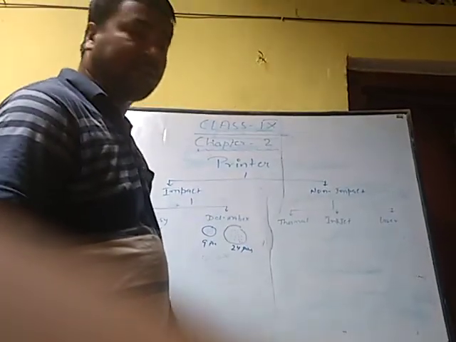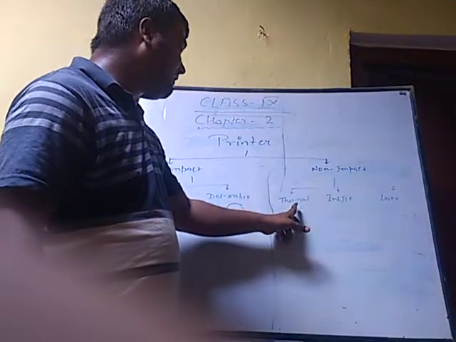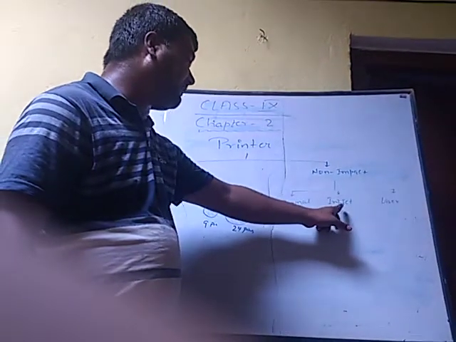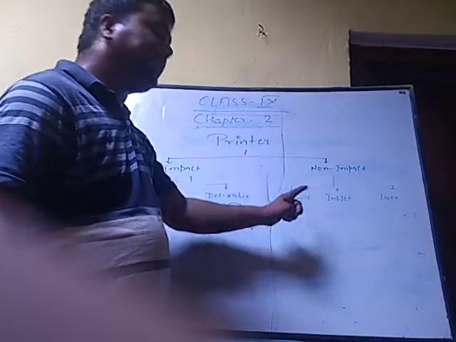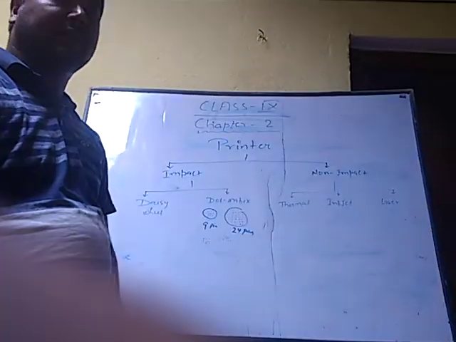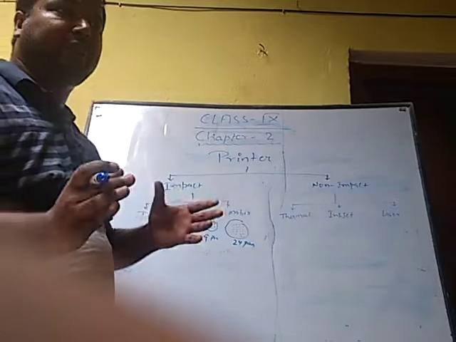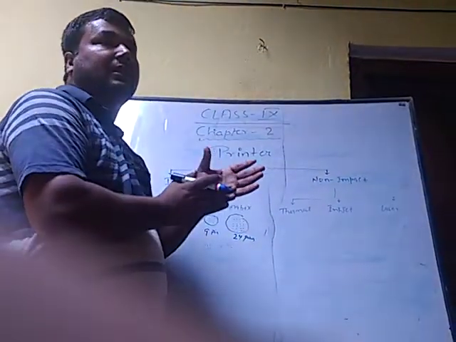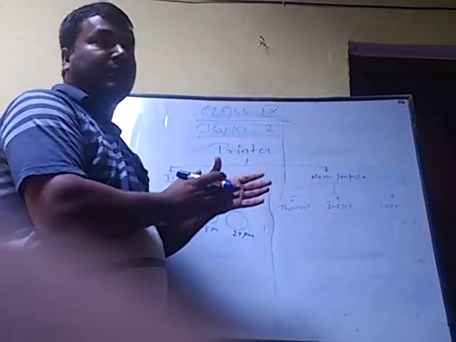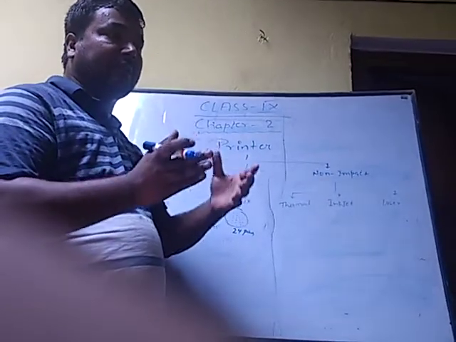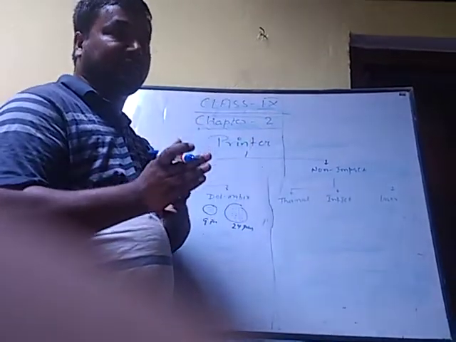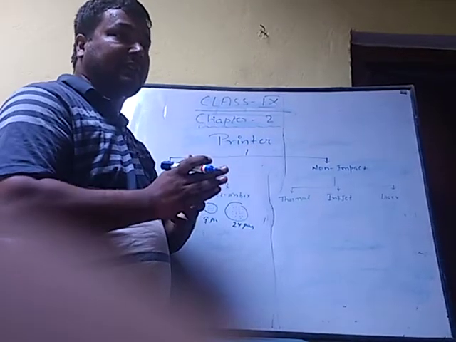As I discussed earlier, there are three types of non-impact printer: thermal printer, inkjet printer, and the laser printer. The thermal printer is also called a handheld printer, because the printers you have seen at petrol pumps, which bus conductors carry in hand, and which the people who come to read the electricity bill carry, are this type of printer.